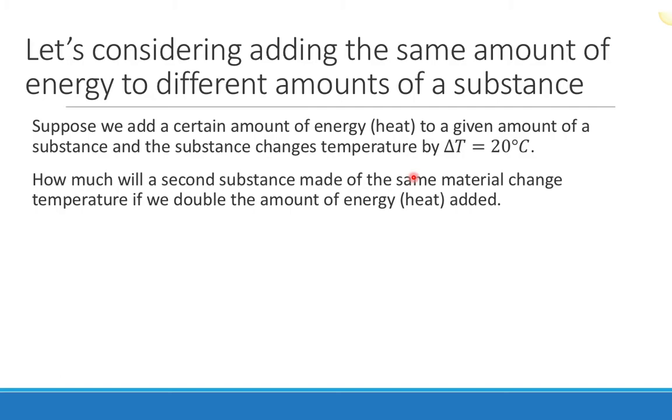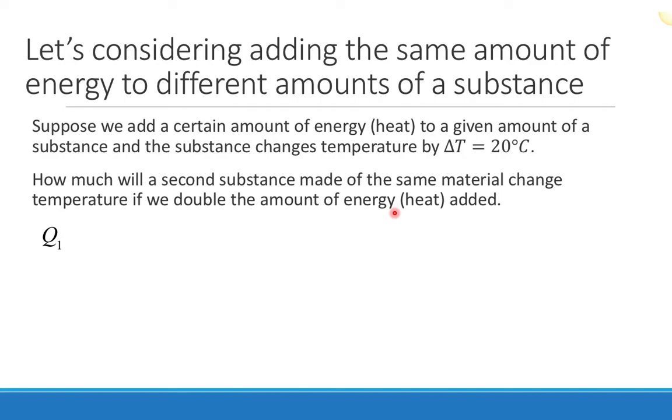And I have a certain amount of water, and I add energy to it, and it changes temperature by 10 degrees Celsius. And now I want to know how much will a second substance made of the same material change temperature, same amount of the substance, right? But I double the amount of energy that's put in. So how will it change temperature?